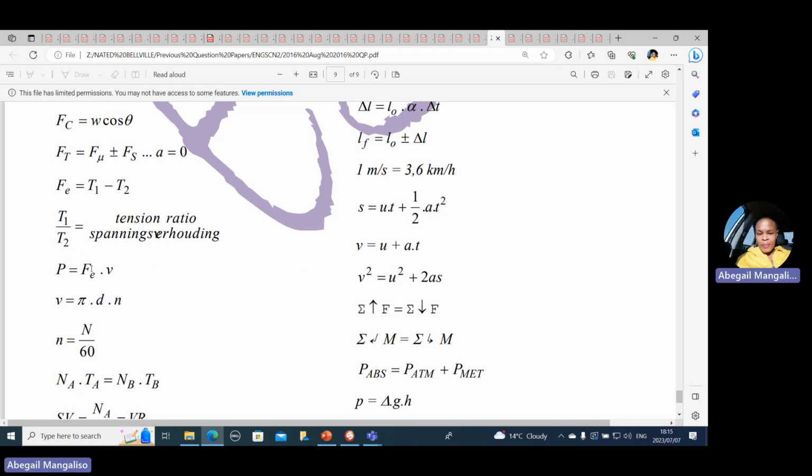Power is Fe multiplied by V. Velocity is pi dn, and small letter n is capital letter N divided by 60. Now, the belt drive formulas are similar to those of gear drives, but where there is T, we put D for diameter. Where there is T is no longer a number of teeth, but will be a diameter. So we can use the same formula.